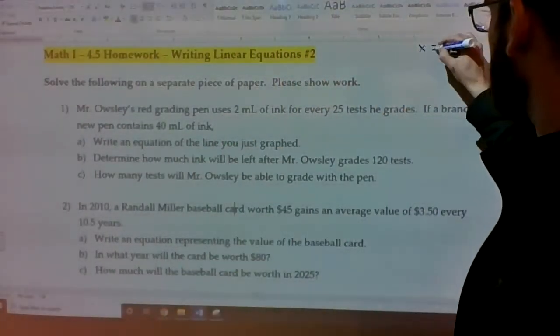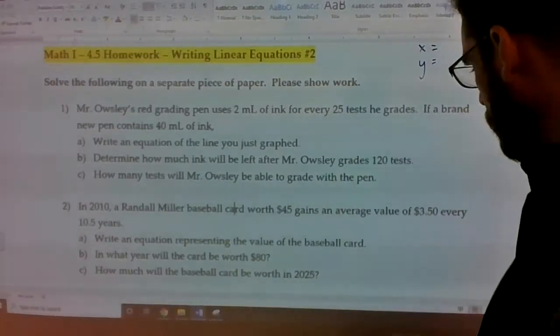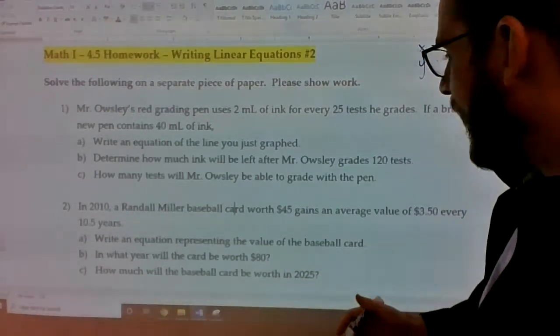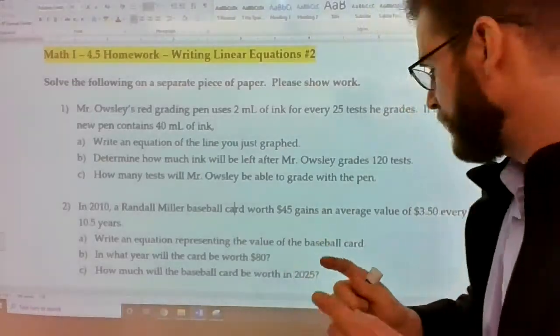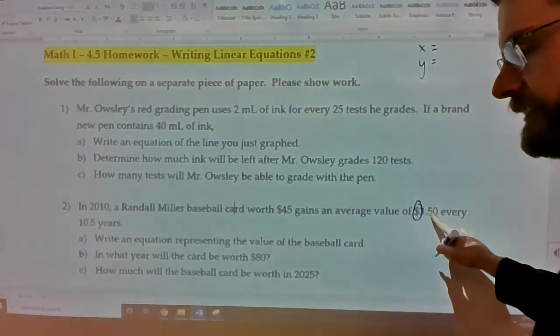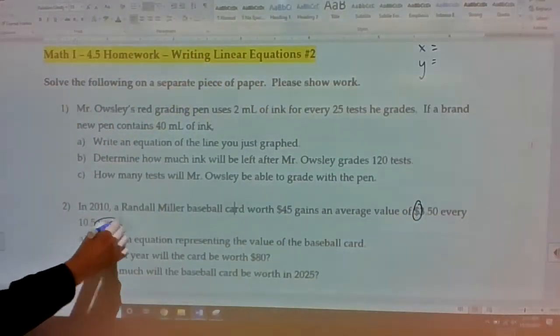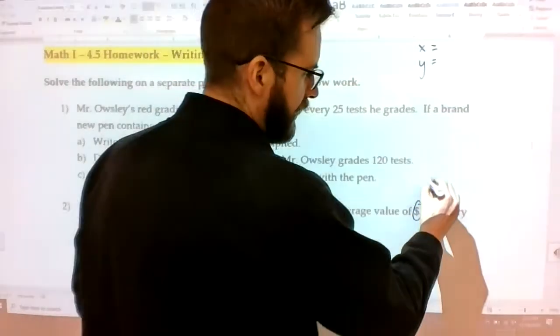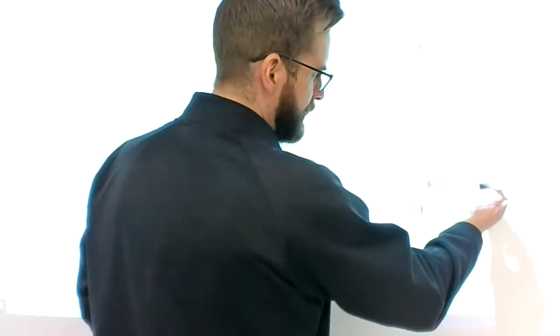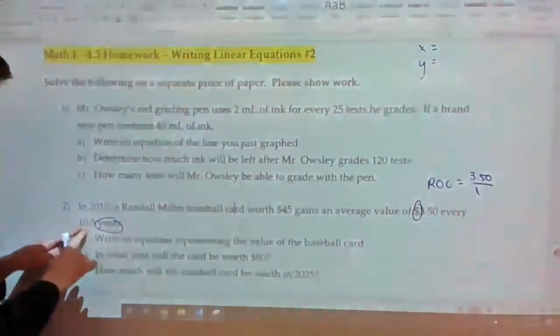So we've been using x and y. Seems like that would be a good one to go with. Now the two variables we have are given in the rate of change. The rate of change is $3.50 for every 10.5 years. So our rate of change is going to be $3.50 divided by 10.5.